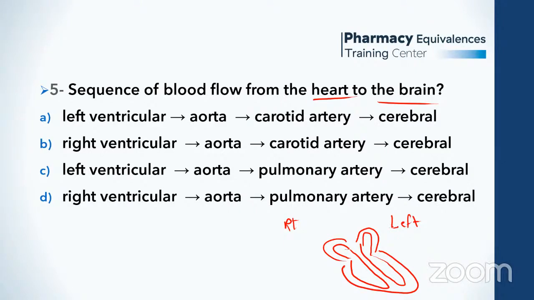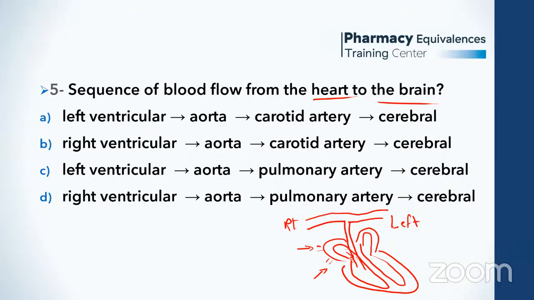Okay. The vena cava, inferior and superior, carry the blood from the body to the right atrium. Then from the right atrium to the right ventricle through the tricuspid valve. Then from the right ventricle to what? To the pulmonary artery, which carries the blood to the lung for oxygenation.